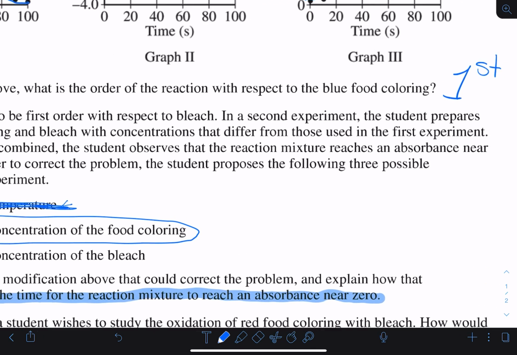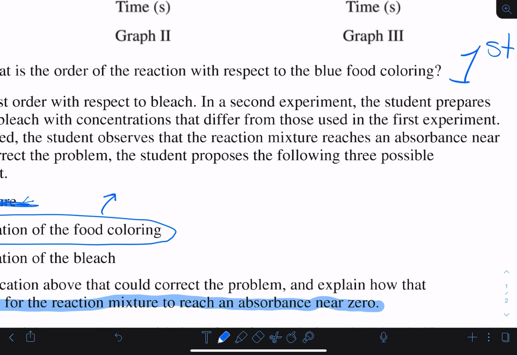And the explanation is that if more food dye is present to start, it will take longer to use it up.